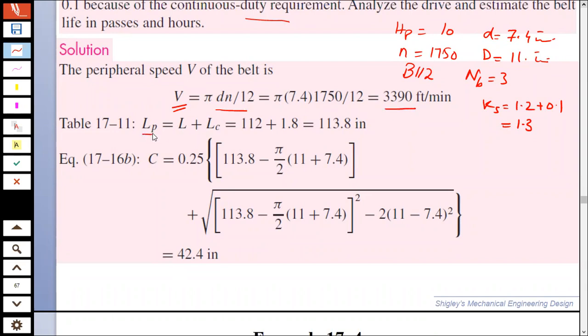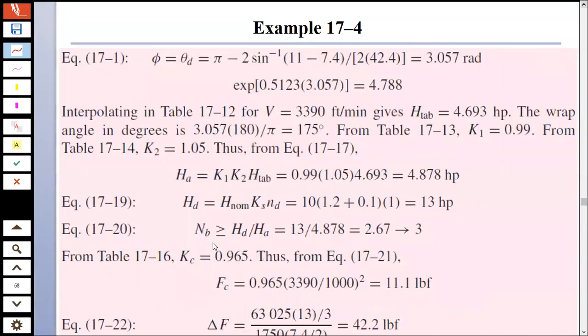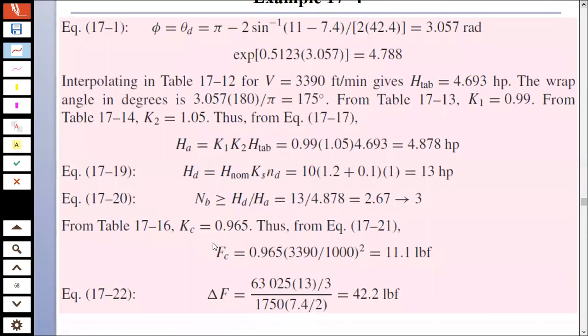From equation 17-11, find the pitch length of the belt, which is LP, L plus LC. Similarly, go ahead and find your center to center distance, which is 17-4 inches, putting in the values. Okay. And then follow the same procedure.